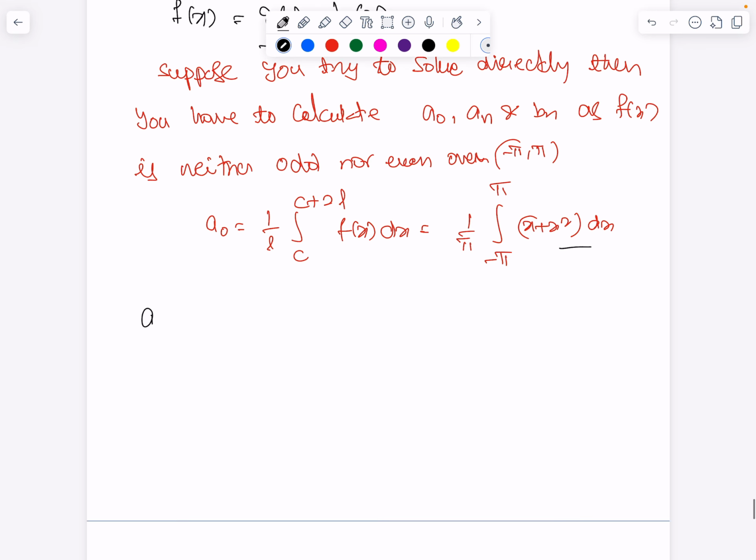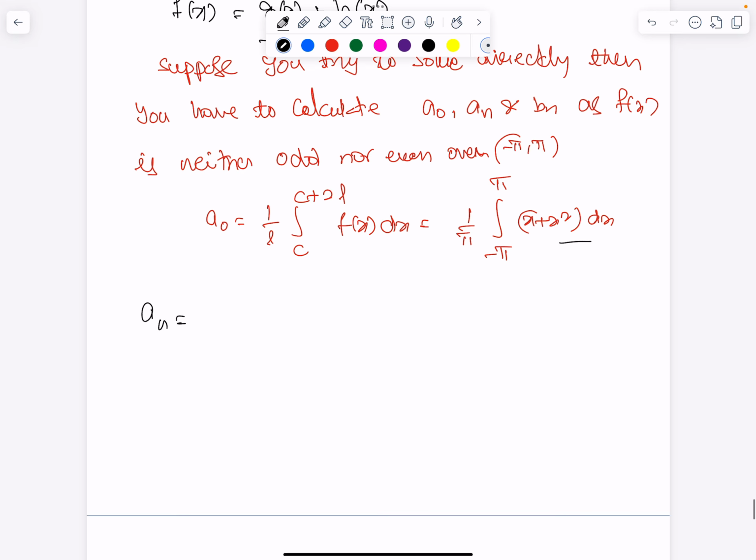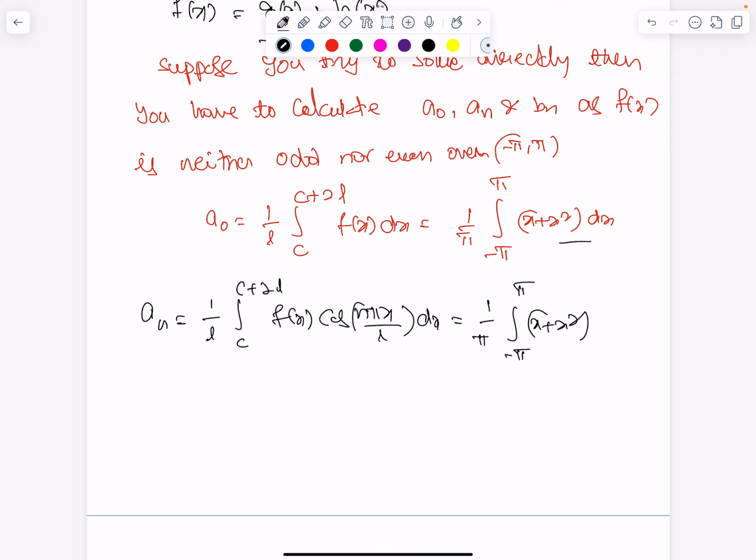So, why did I mention that the splitting is more important? You can see now. an is equal to 1 by L integral from c to c plus 2L of f of x cos n pi x by L dx. But L is pi, therefore from minus pi to pi, f of x is x plus x square, cos n pi x by pi dx.